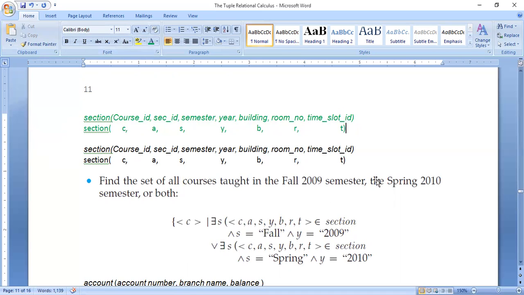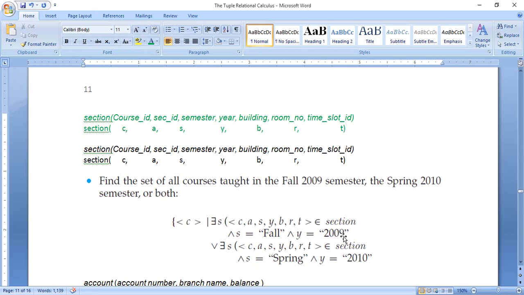So now for the first part of the query we have C, A, S, Y, B, R, T from the section relation, and we want to output the course ID, because the name is not specified, so we have only the course ID. So this course ID is output as C. Here we are interested only in the course, not in the building or time slot, but we are interested in the year 2009 and 2010.